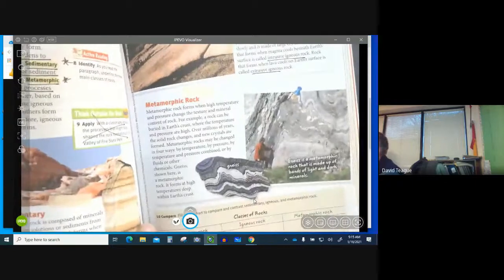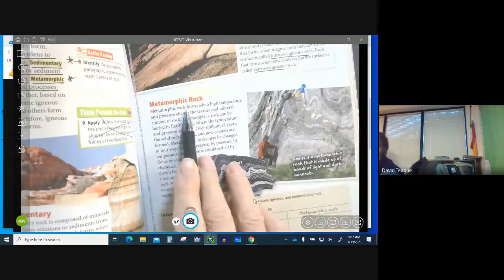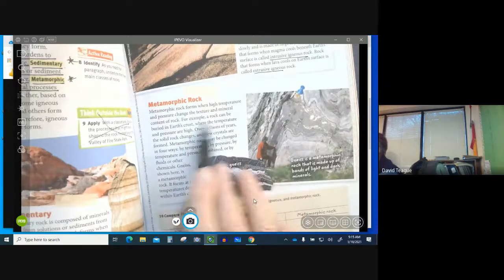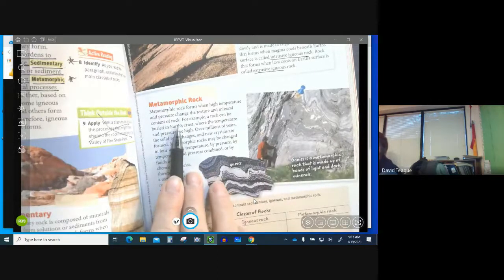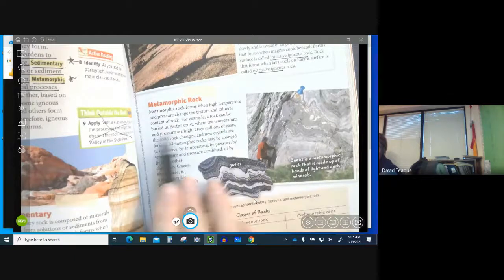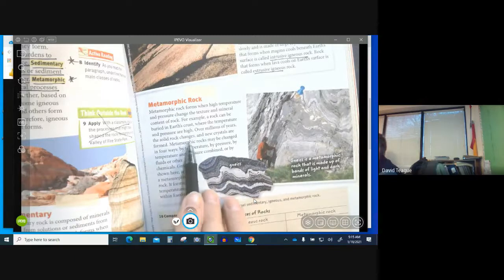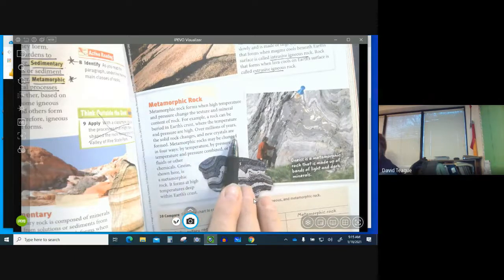Okay, next one. Metamorphic rock. Metamorphic rock forms when high temperature and pressure change the texture and mineral content of rock. For example, a rock can be buried in Earth's crust where the temperature and pressure are high. Over millions of years, the solid rock changes and new crystals are formed.